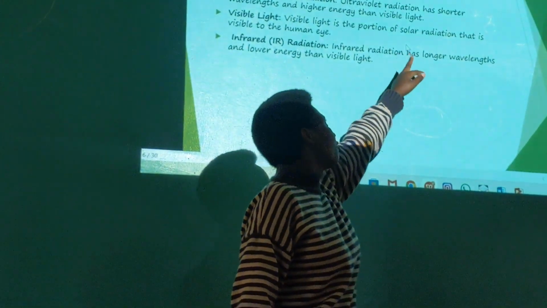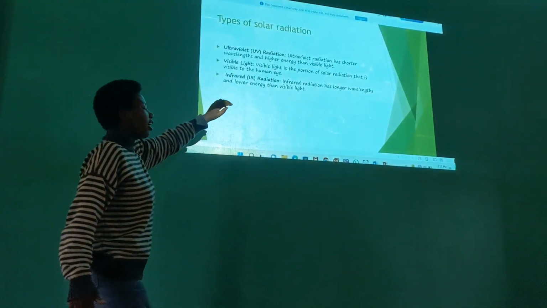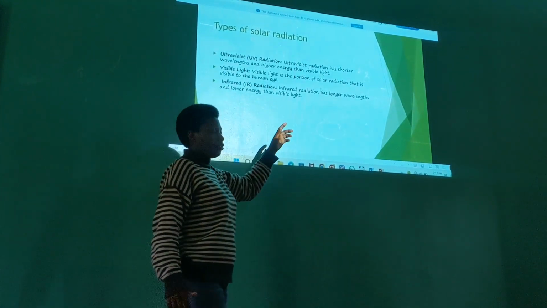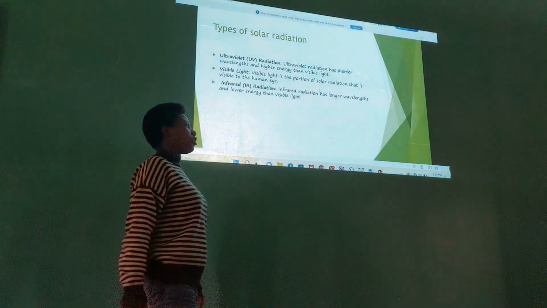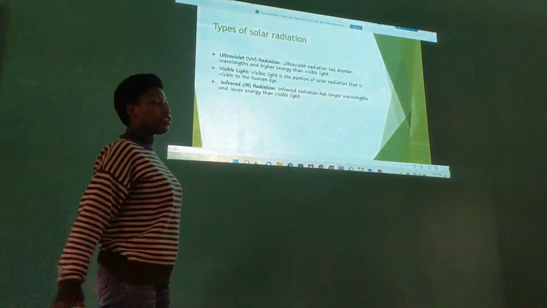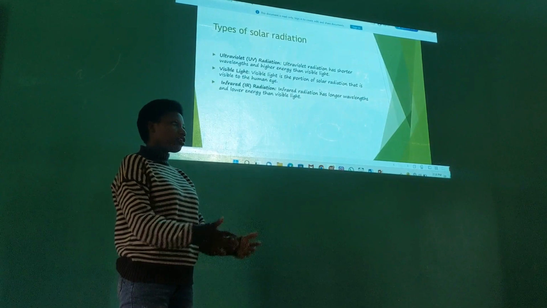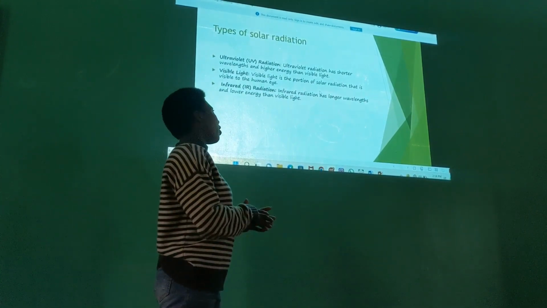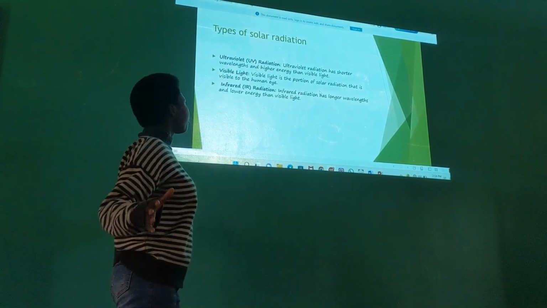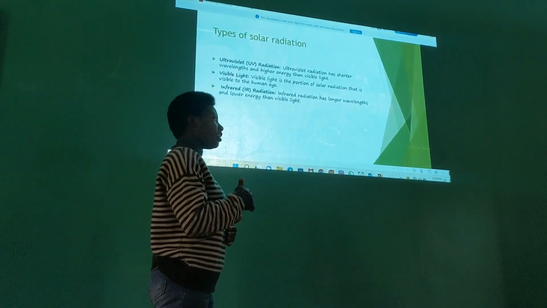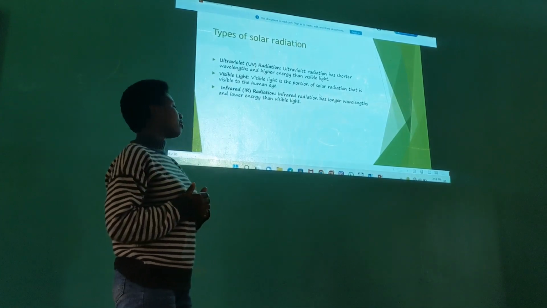Visible light comes after the ultraviolet radiation. Ultraviolet radiation can cause big damage to our body and surface, because it has higher energy than the others.